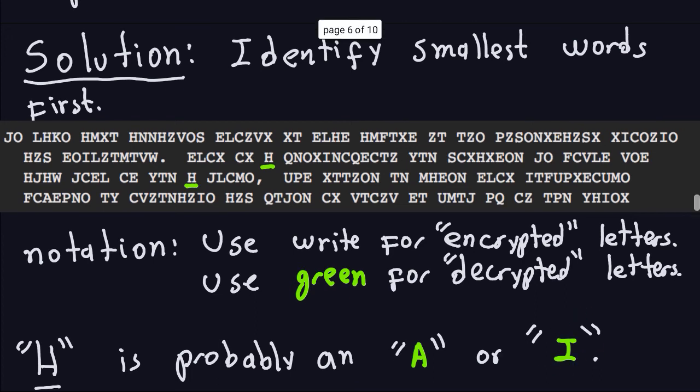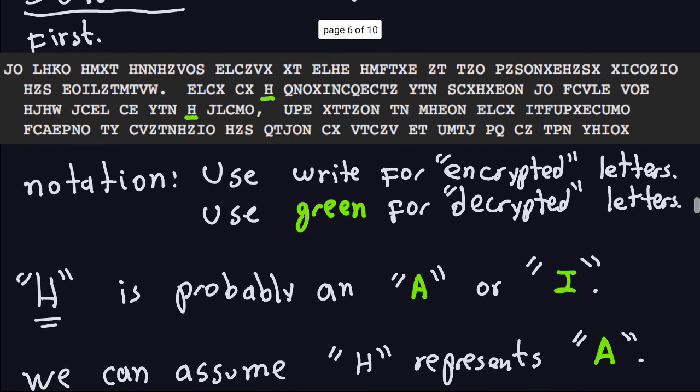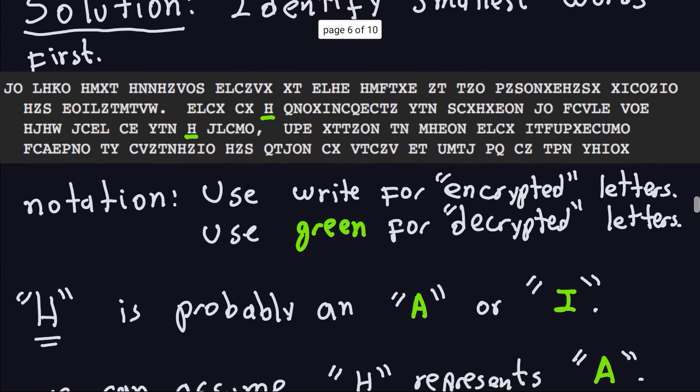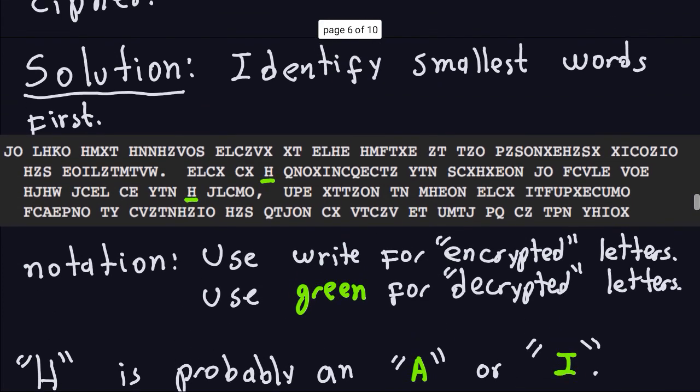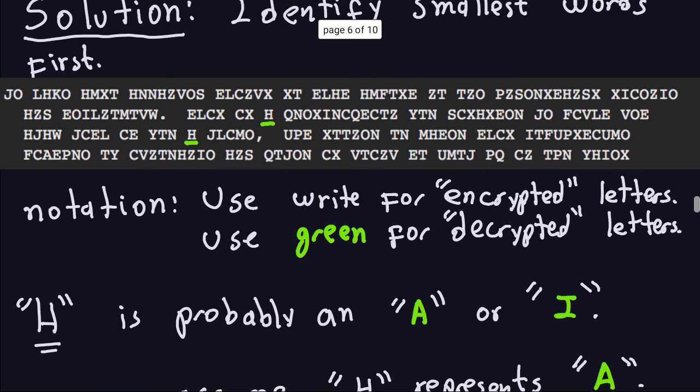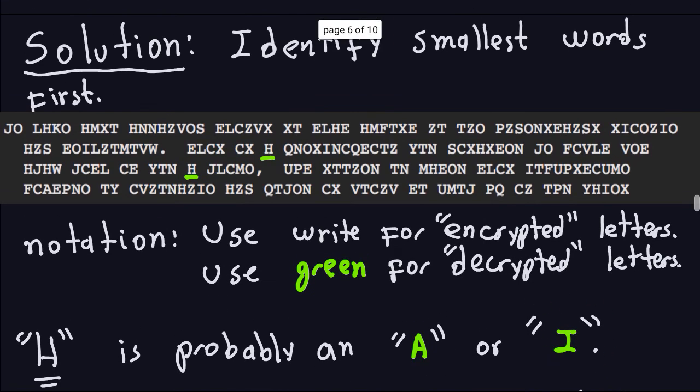Now, which one is it? We can assume that the letter H represents the letter A. And why is that? Well, let's look at the structure of the ciphertext. If H represented the letter I, because I is a pronoun, it should be at the beginning. You see here this is a sentence right here.